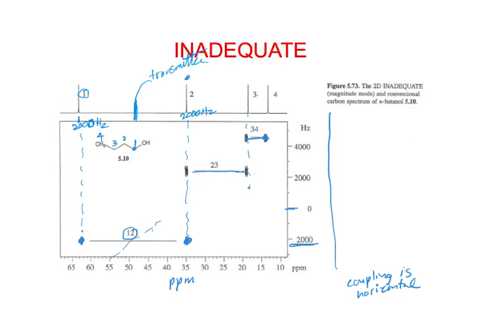So what did I say? It was the sum of the offsets, of 1 and 2, and of 2 and 3, and 3 and 4, I guess.